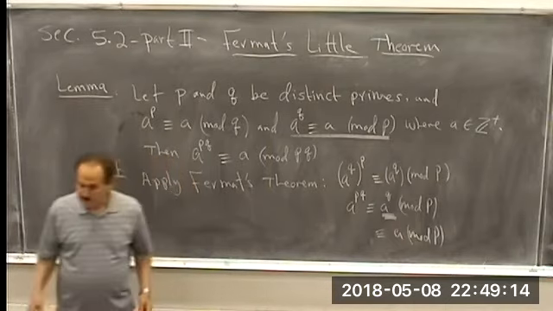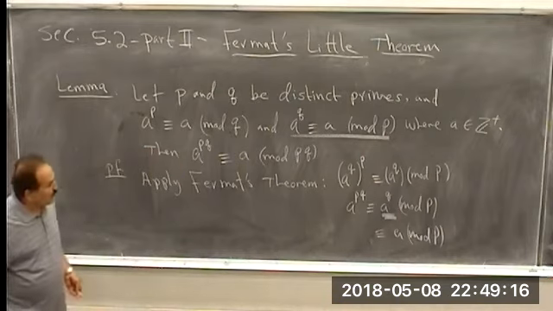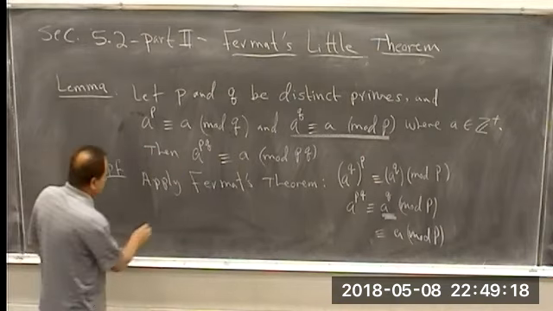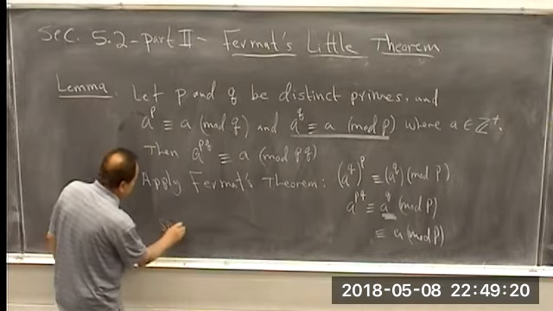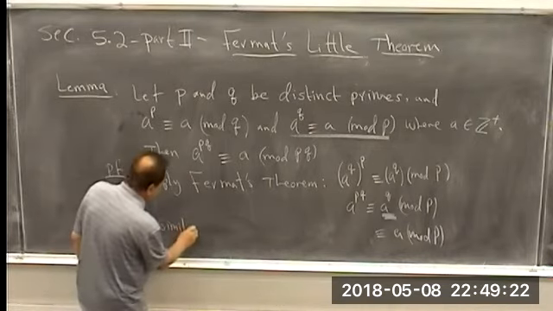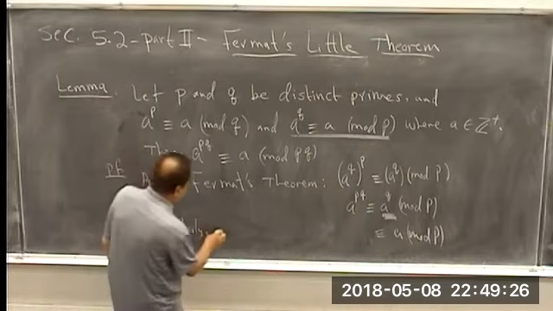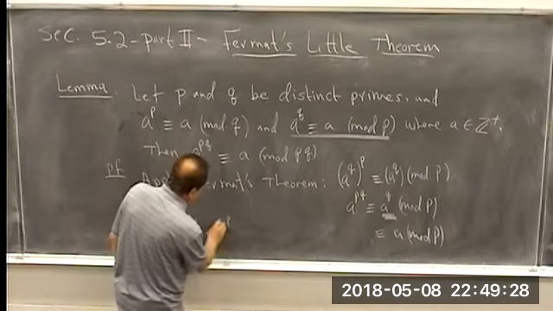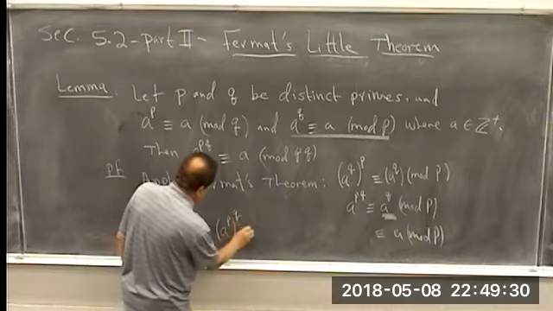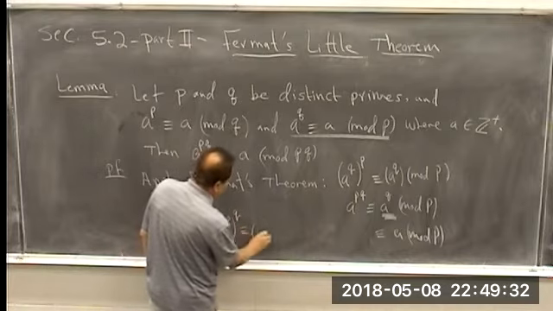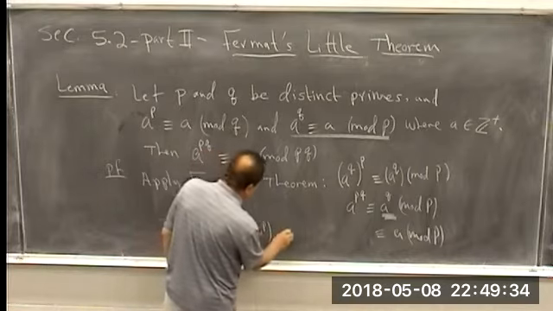Now we're going to also, similarly, apply Fermat's theorem to (a^p)^q. This is going to be a^p mod q.